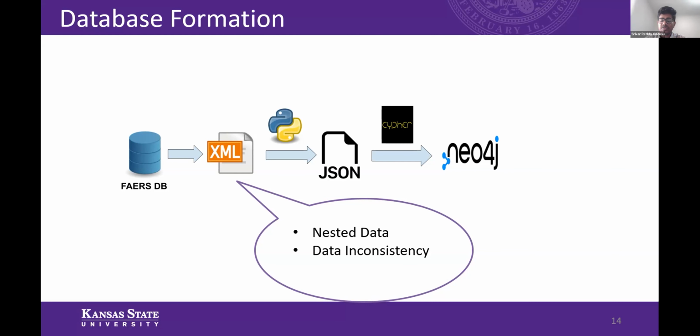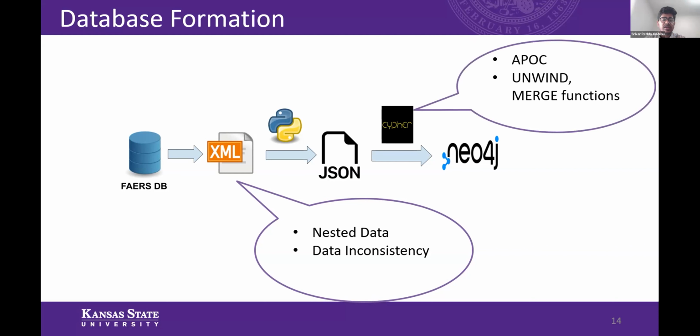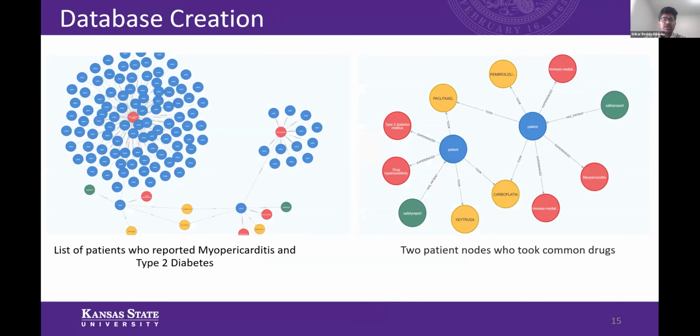Then we implemented a Cypher query on this JSON file, which uses the APOC library to handle JSON files and uses functions like UNWIND and MERGE to load the data into Neo4j. After loading the data into Neo4j, we are able to query different types of research questions within our provided data, such as the list of patients who reported myopericarditis and type 2 diabetes.